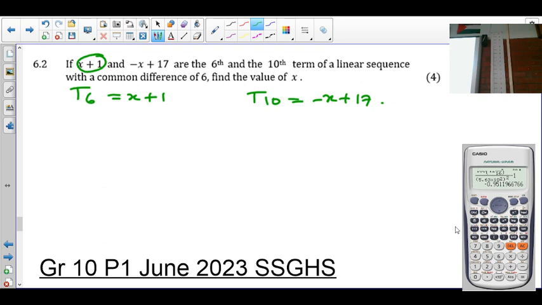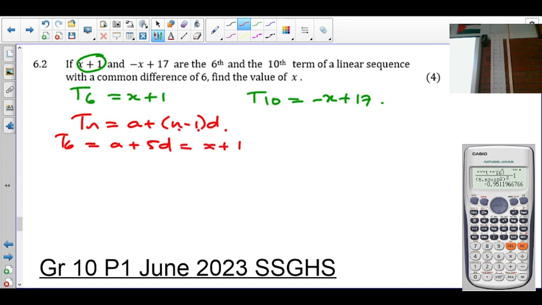So we know that the general term of a sequence is going to be Tn is equal to a plus n minus 1 d. So for term 6 it is going to be a plus 6 minus 1, which is 5d, and that is equal to x plus 1. Not so? Okay?